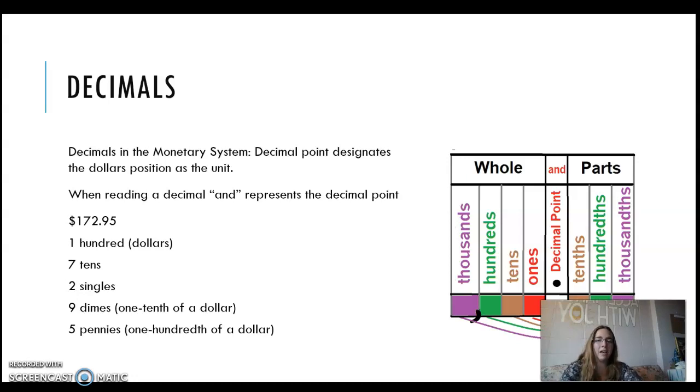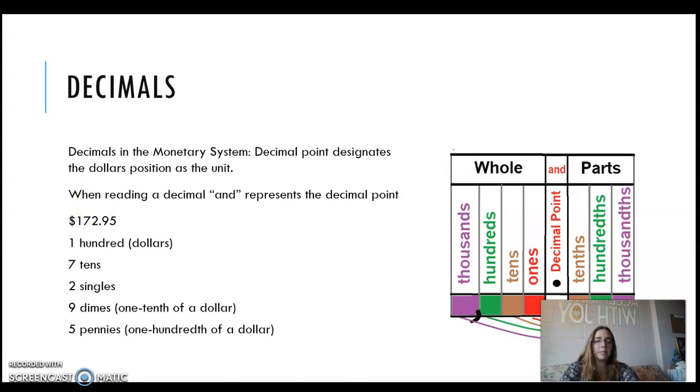$172 and 95 cents. The "and" is verbalized as the decimal point. The 1 is $100, the 7 is 7 tens, and the 2 is 2 singles. The 9 occurs after the decimal point.